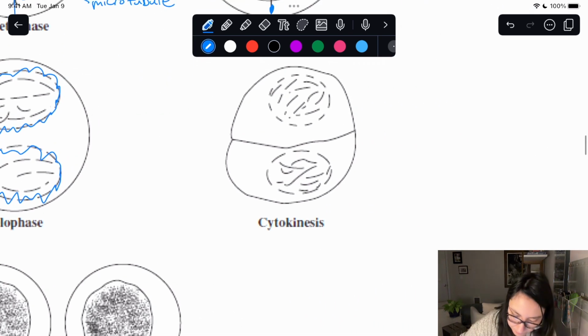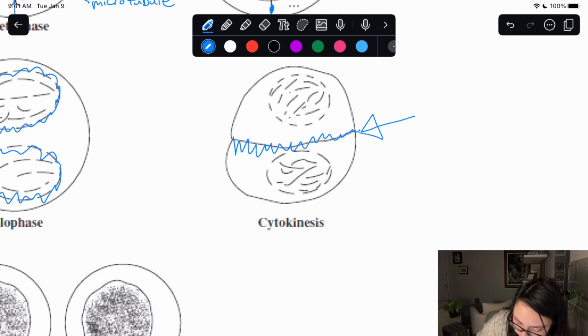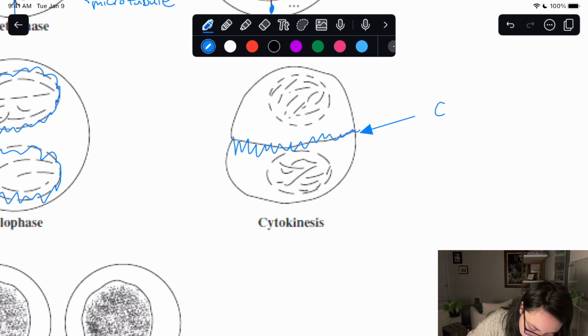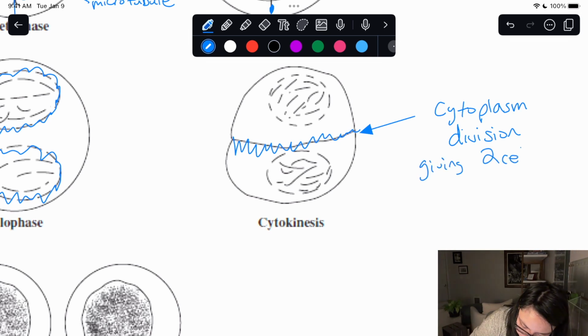Cytokinesis. I'm going to draw another squiggly line right here. I'll draw an arrow. And essentially what's happening here in cytokinesis, which I feel like is forgotten sometimes, including by yours truly, in mitosis and in meiosis, is that this is the cytoplasm division that's giving 2 cells.